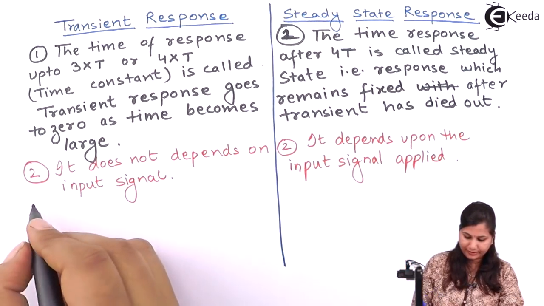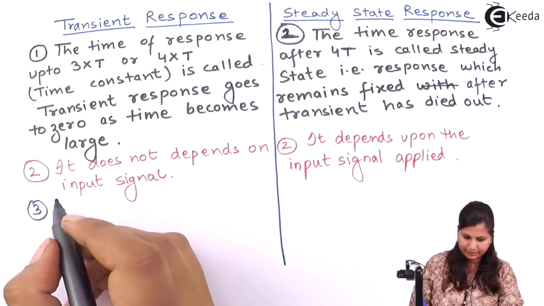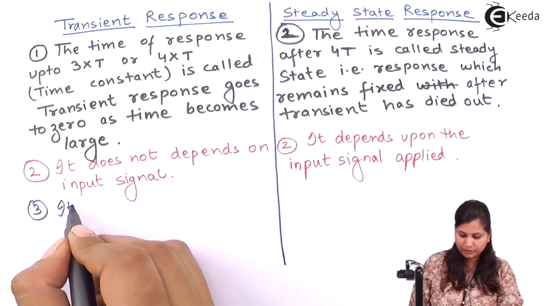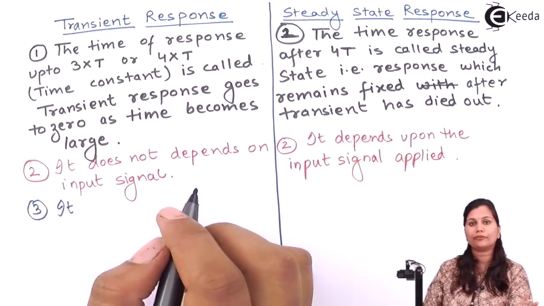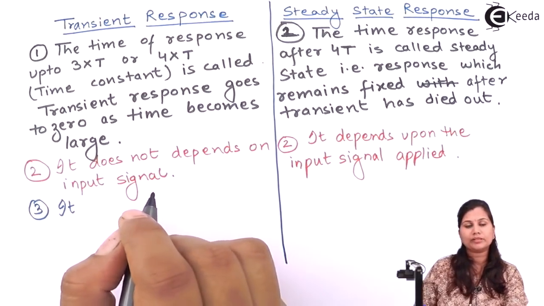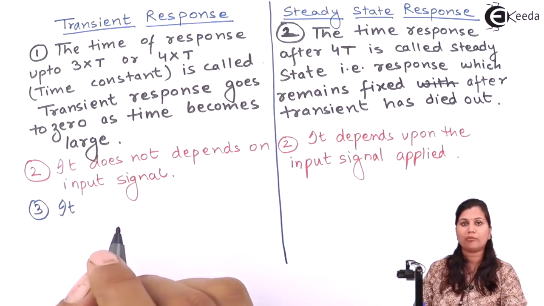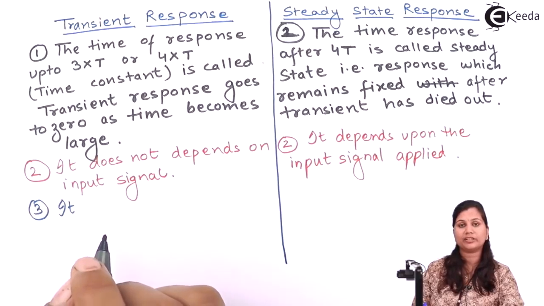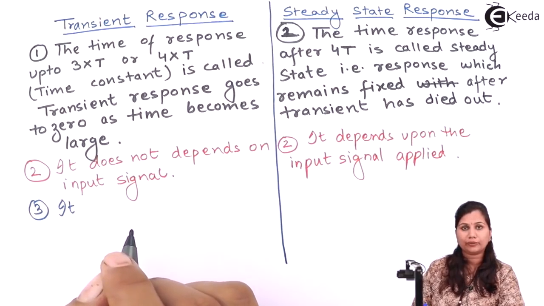The third difference is that the transient response reveals the nature of the system, that is, how oscillatory the system is, how many oscillations are produced, whether it is stable or not, accurate or not.